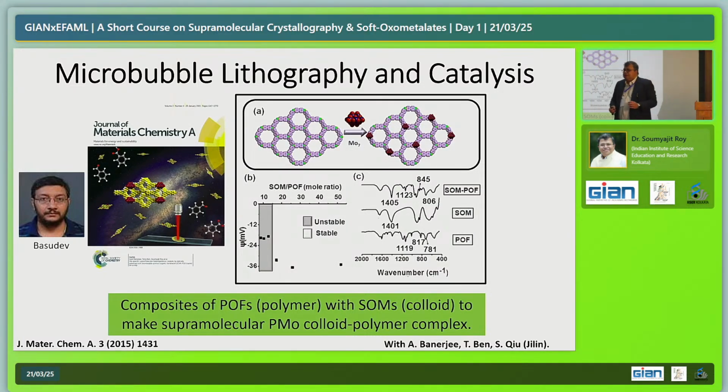So that means they are just forming unstable dispersions, right? And then we looked at the IR spectroscopy, and here is another important point. We could not get the crystal structures here. Why? Because we are in dispersion. So we are totally working in dispersion.